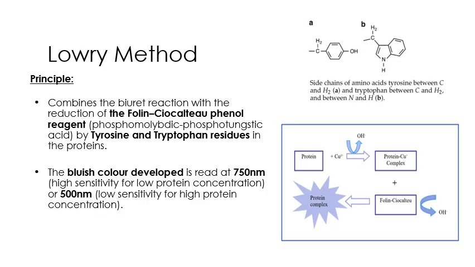So Lowry is one of the common methods where it combines the biuret reaction with the reduction of the Folin-Ciocalteu phenol reagent by the tyrosine and tryptophan residues that can be found in proteins. So here you have proteins that form a complex with copper ion, releasing hydroxide ion, which leads to the formation of a protein and copper complex.